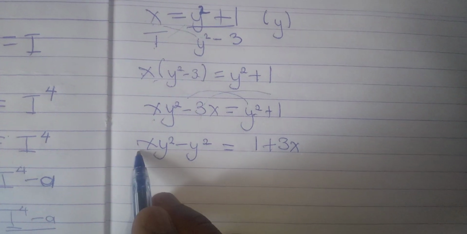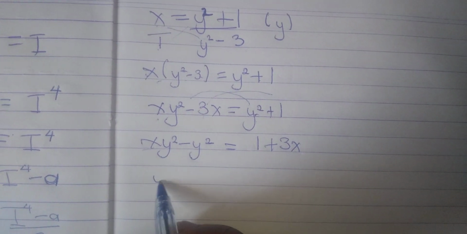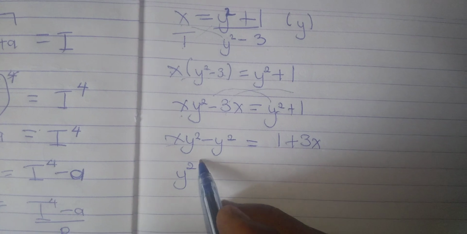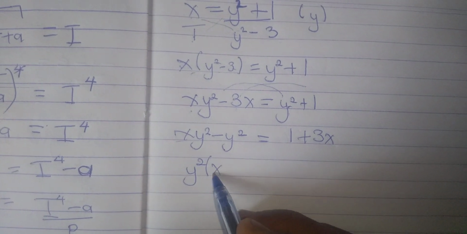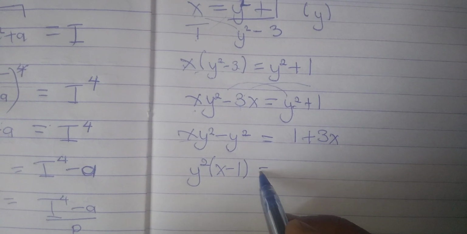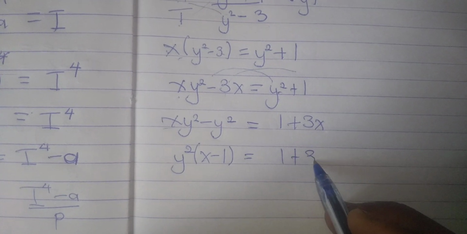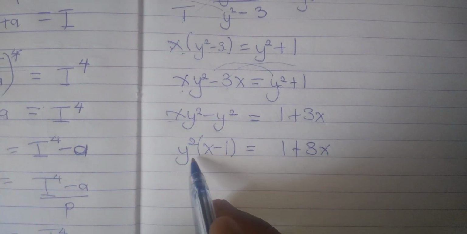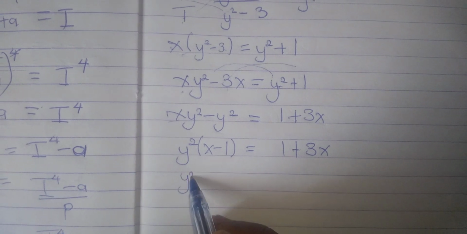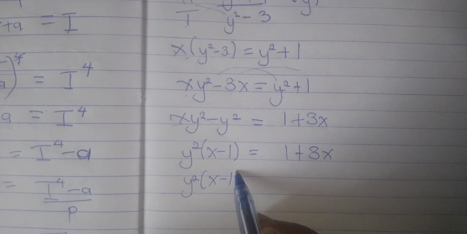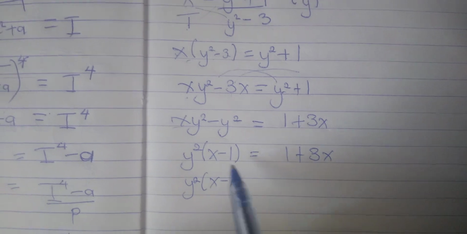Here I can simply factorize out the y squared. So I'll have y squared into x minus 1 equals 1 plus 3x. So from here I can divide both sides by x minus 1.